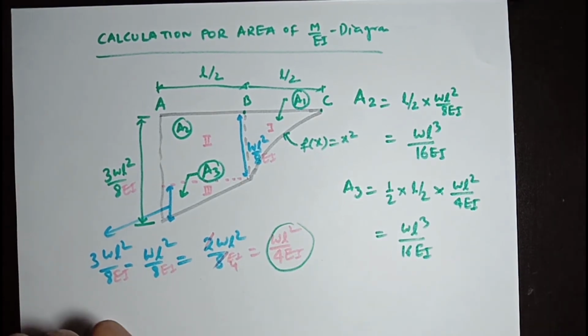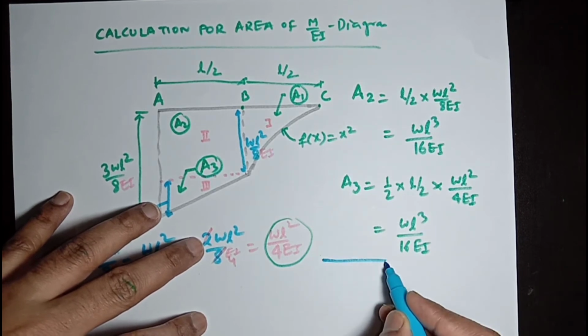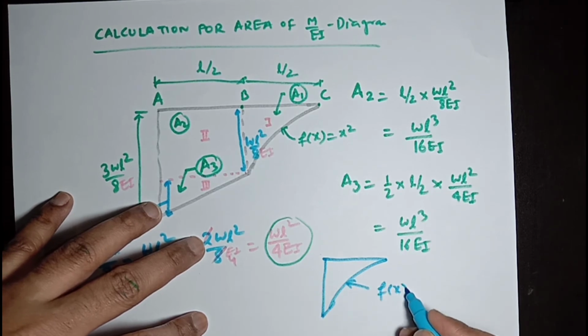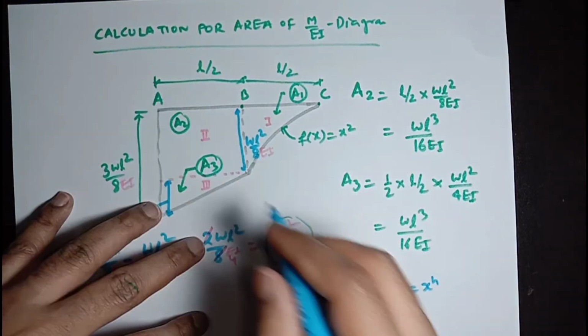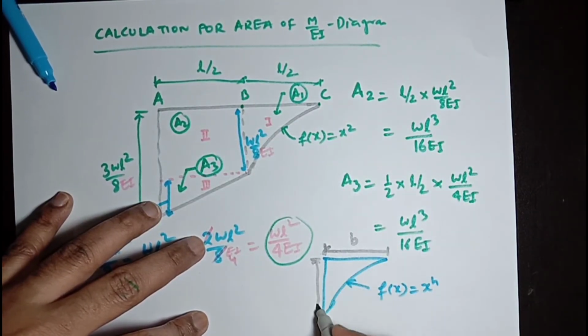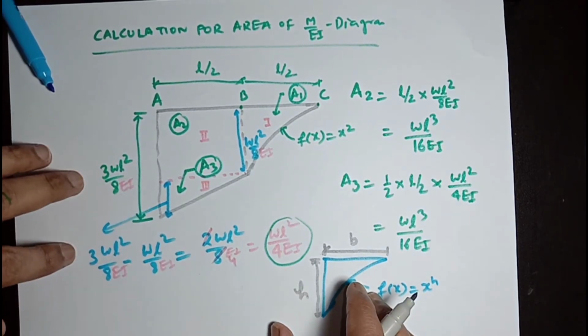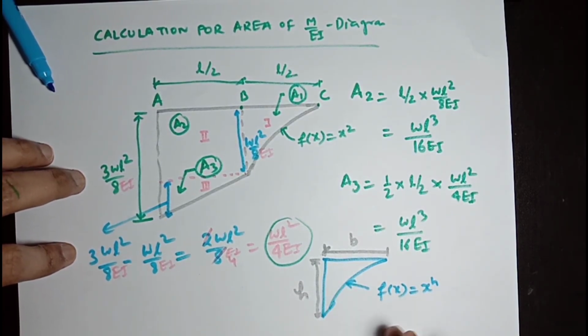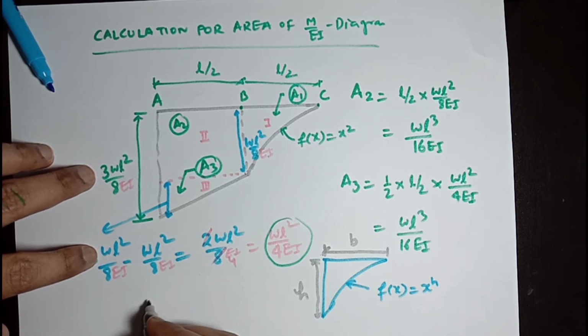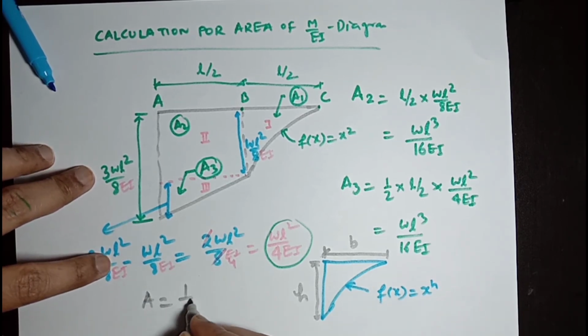From the general expression for any curve, having a function f(x) equal to x to the power n, having base length b and height h, as we know, area of this curve is 1 by n plus 1 into b into h.